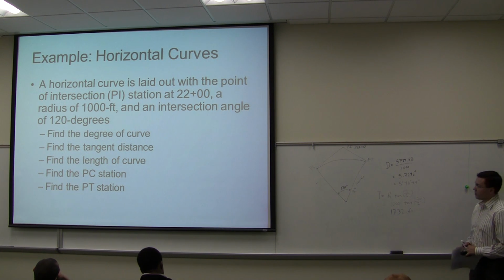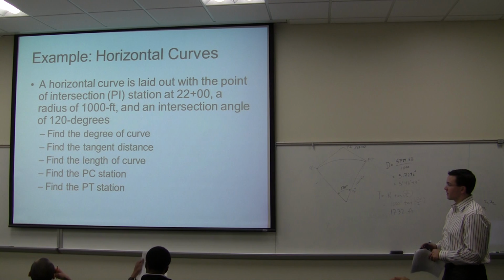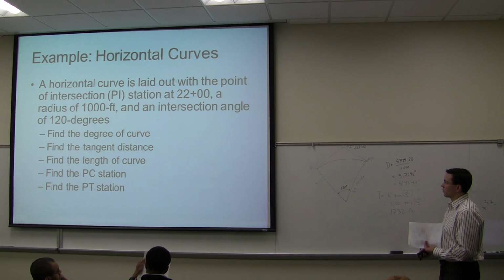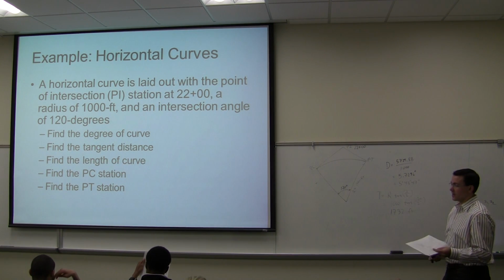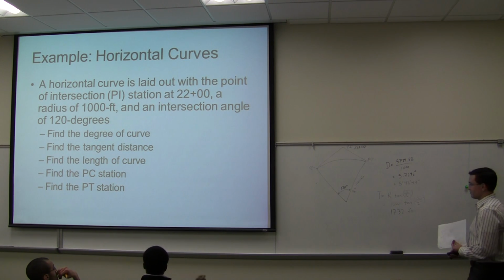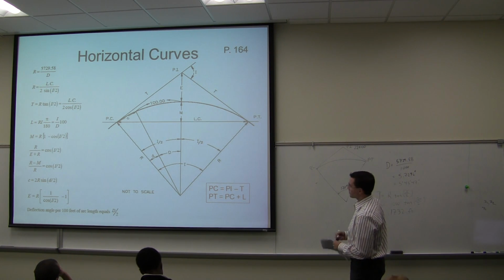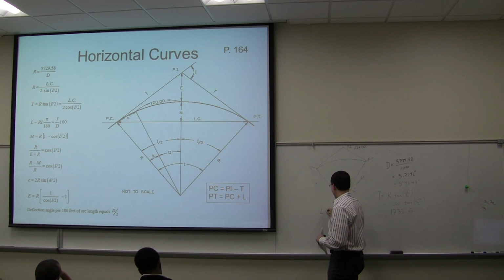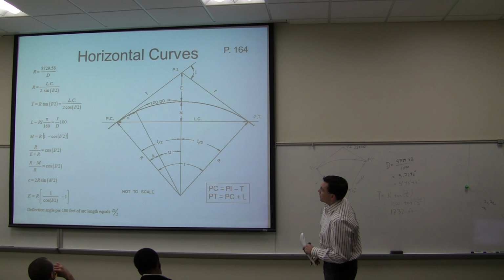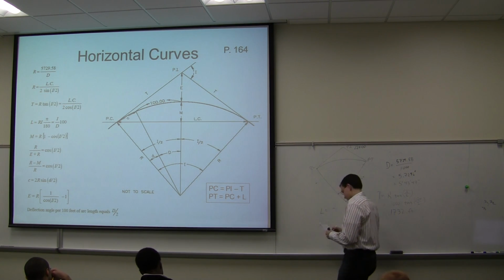Find the length of curve. Again, the biggest mistake to make here is assuming the length of curve is LC and picking the wrong equation. And I guarantee that'll be one of the possible answers on the multiple choice. So for length of curve, L is equal to I over D times 100.